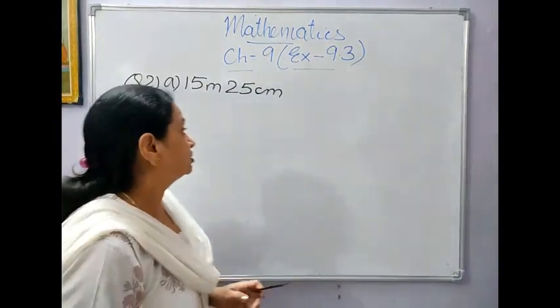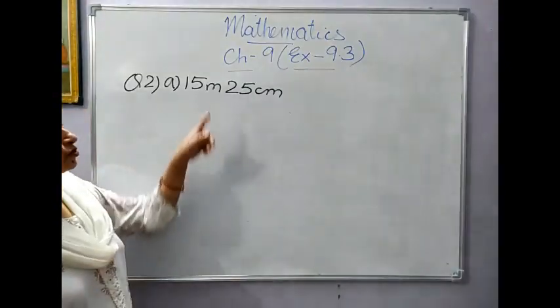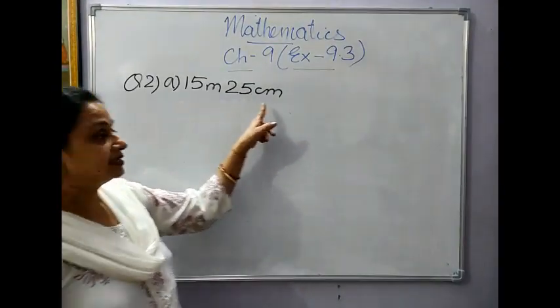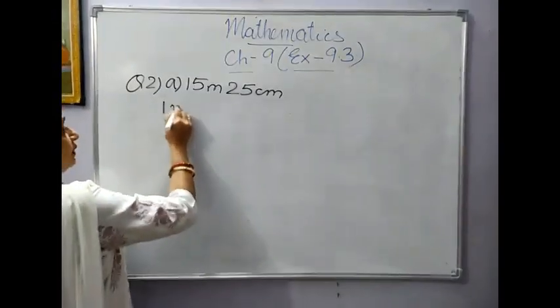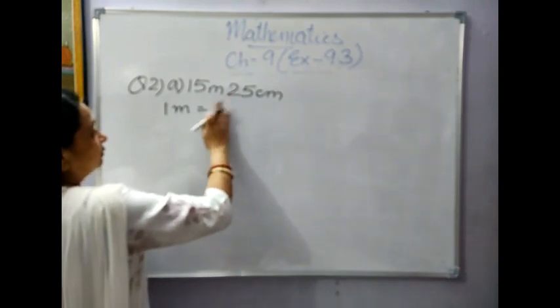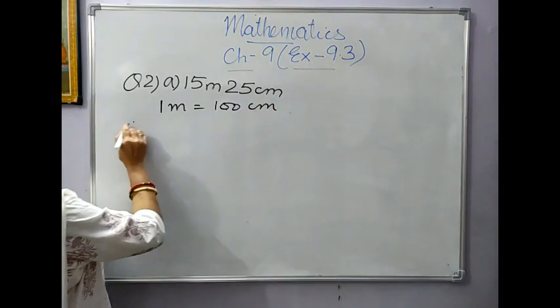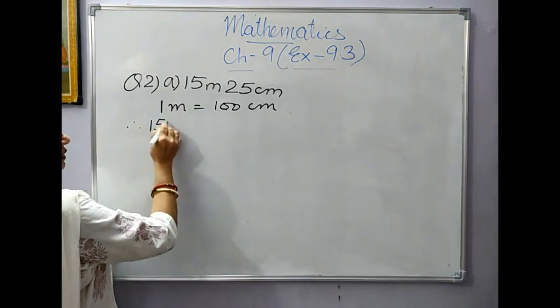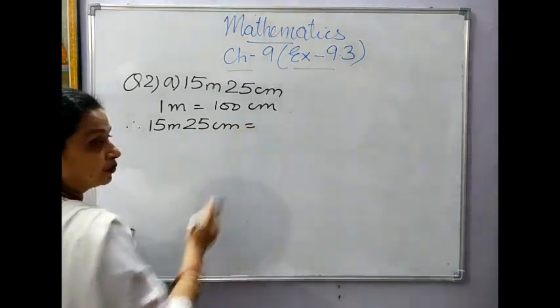You will write the relationship. You have to convert this meter into centimeter. So meter will be on the left side and the centimeter will be on the right side. So 1 meter is equals to 100 centimeter. Therefore 15 meter 25 centimeter will be equal to.